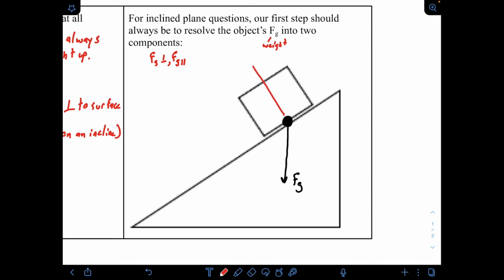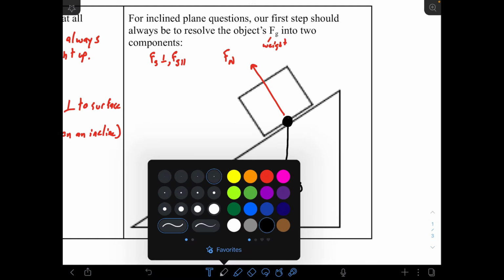This red arrow is the normal force pointing perpendicular to the surface. On an inclined plane, we're going to have this angle down here that's going to be theta. Everything is going to be either parallel to the surface of the ramp or perpendicular to the surface of the ramp.